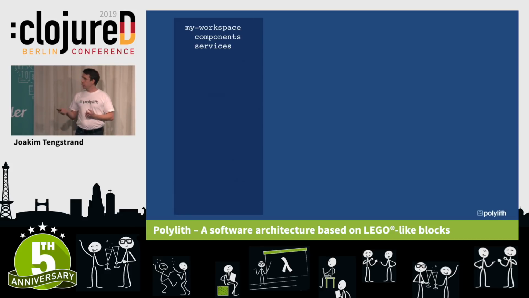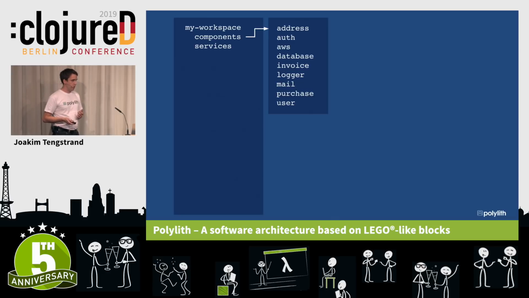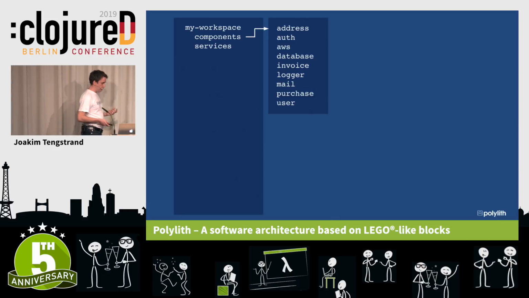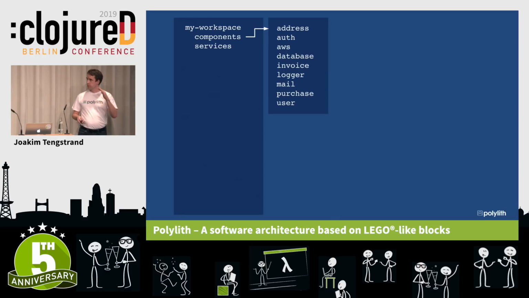We have a couple of directories in here, components and services. The components directory is where we put all our components. That's our bucket of bricks. If we expand this components directory, we can see a number of directories in there, one directory per component, with the name of each component.